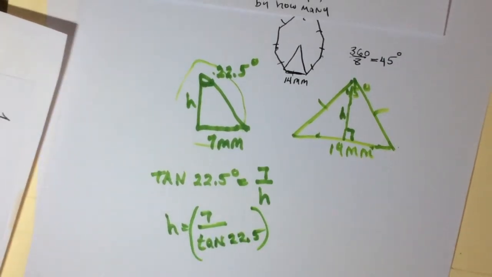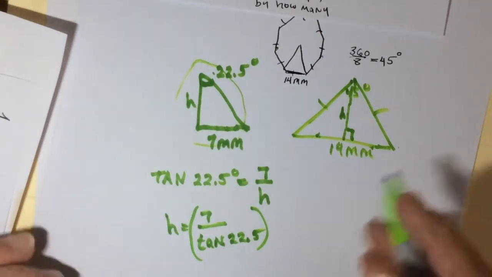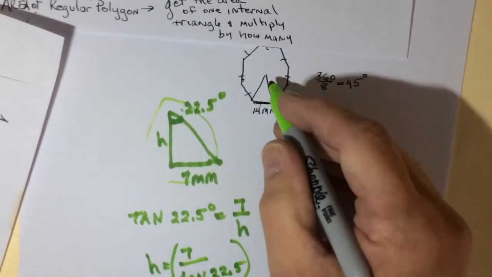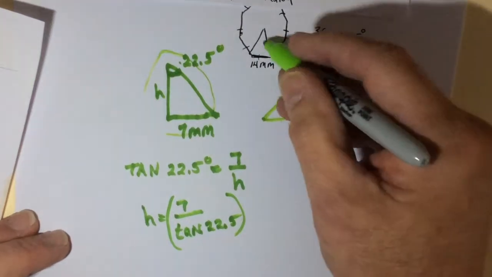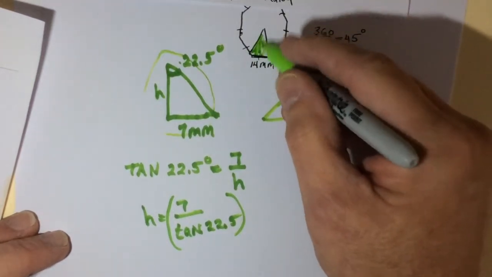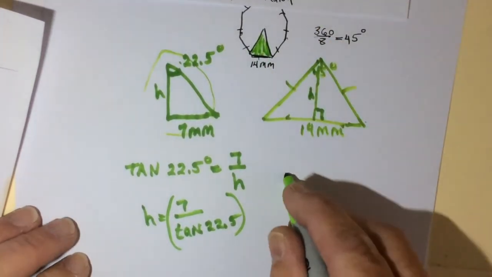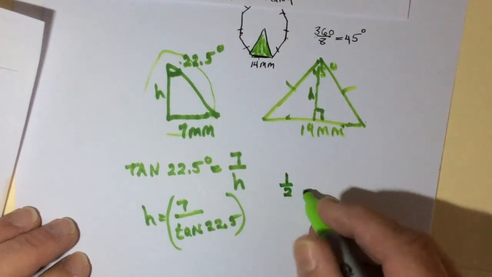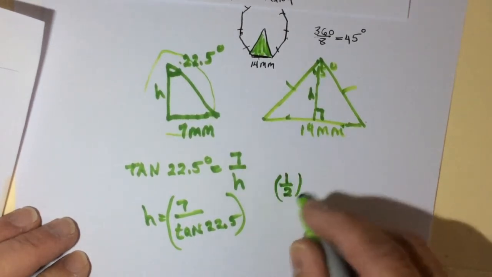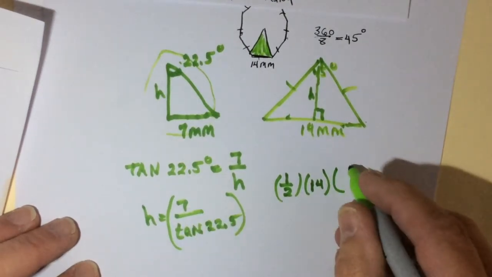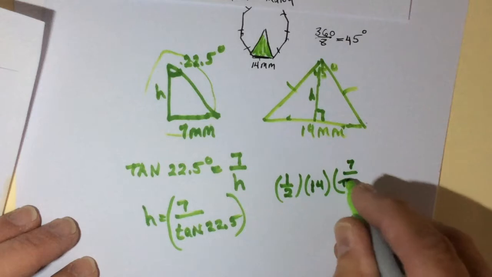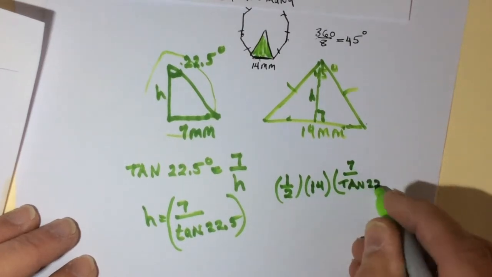Now I can turn that into a number right away, but that doesn't necessarily help me. Because remember, what I'm trying to find is the area of this regular polygon to start with. So in order to find the area of this triangle, I need 1/2 times the base, which is 14, times the height, which is 7, divided by the tangent of 22.5 degrees.